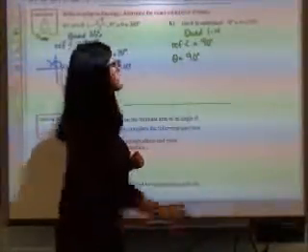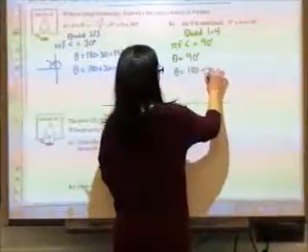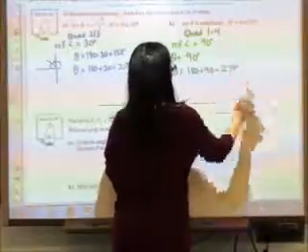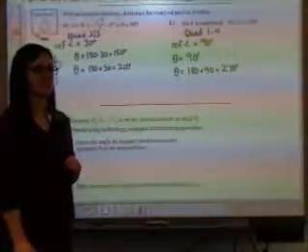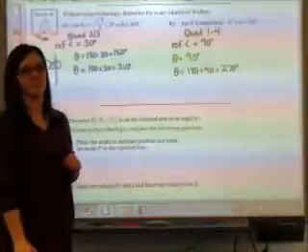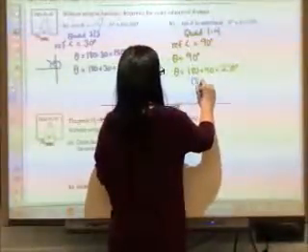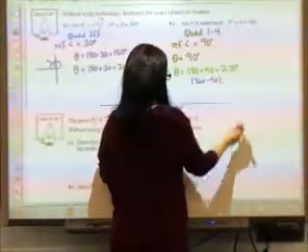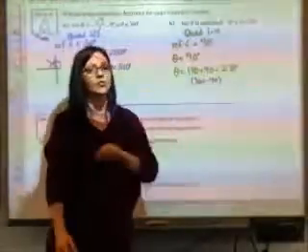Which is? 270. And in quadrant 4, how would I figure out theta? 360 minus 90. And what's 360 minus 90? 270. So then theta would be 90 and 270 degrees.